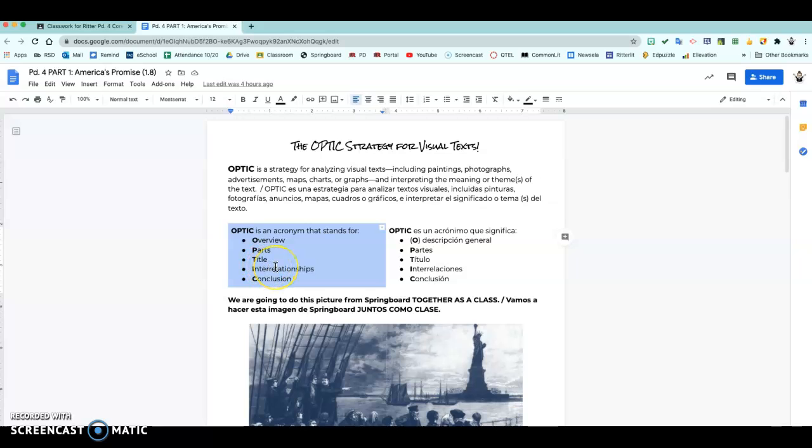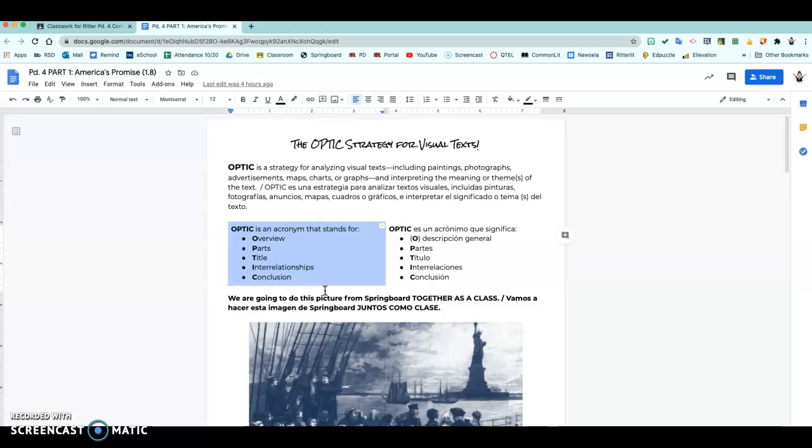Interrelationships is where you start to make some inferences about what the various details you've seen so far might mean.